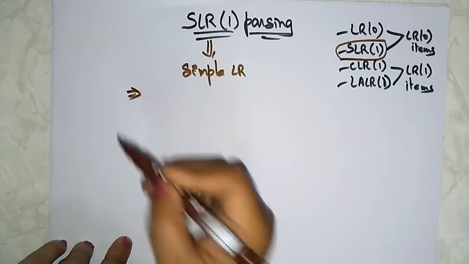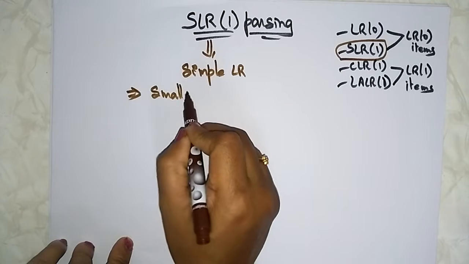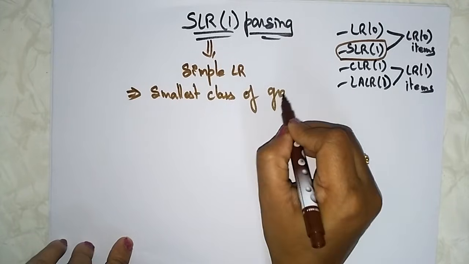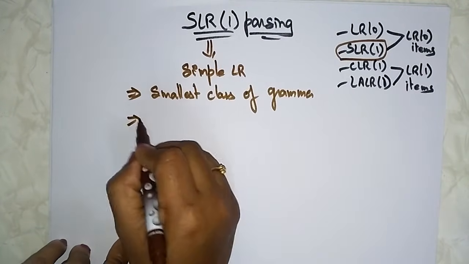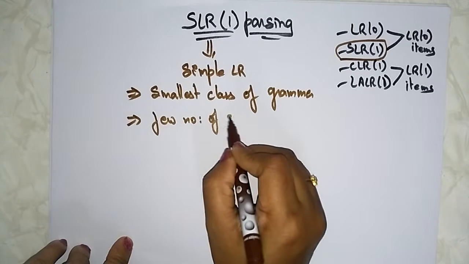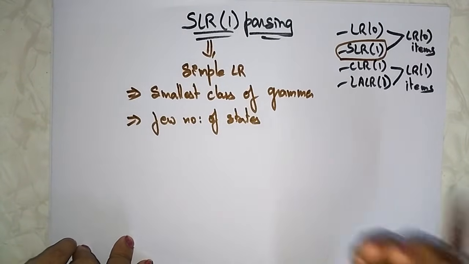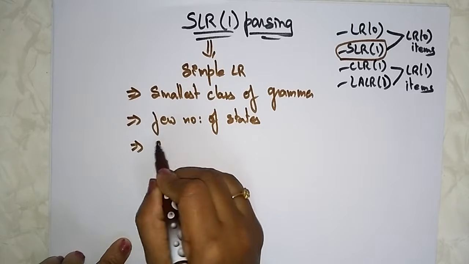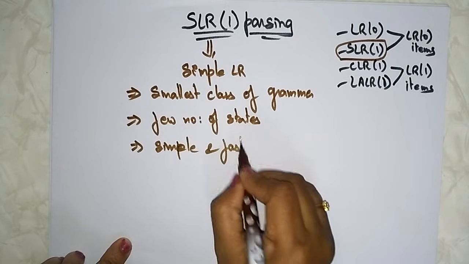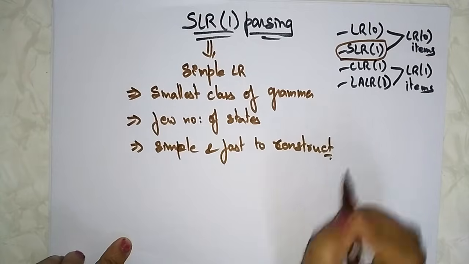A simple LR works on the smallest class of grammar, because it is simple, and it requires only a few states. Whenever the states are few, automatically it has small tables, and it is simple and fast to construct. So these are the features of SLR parsing.